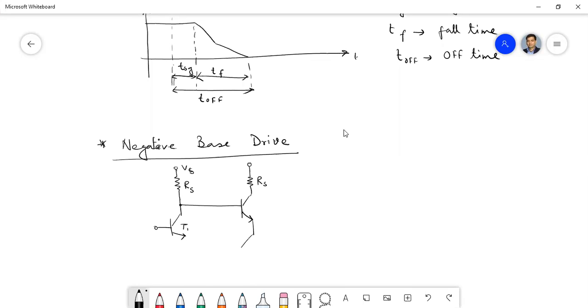But with this one, a PNP transistor is connected, and that is the T3 transistor.